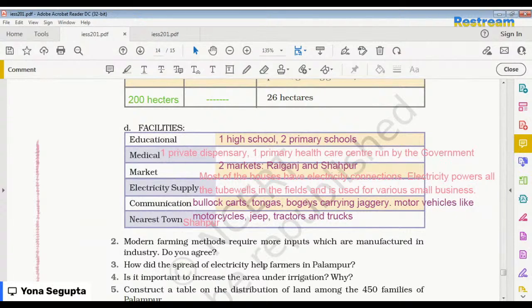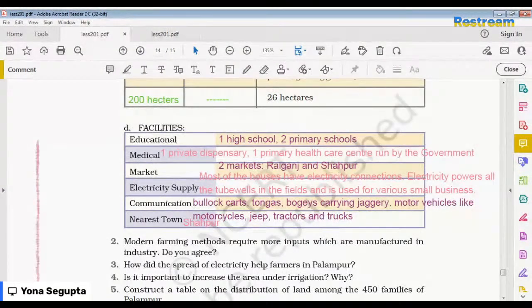manufactured in the industry. It is because modern farming methods use a high yielding variety of seeds, and these seeds require both chemical fertilizers and pesticides, agricultural implements like tractors, and proper irrigation facilities like electric tube wells, and all these elements are manufactured in industries.